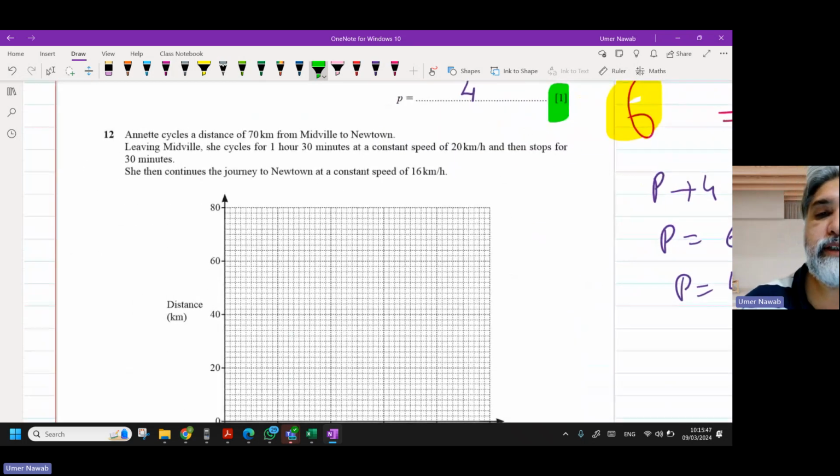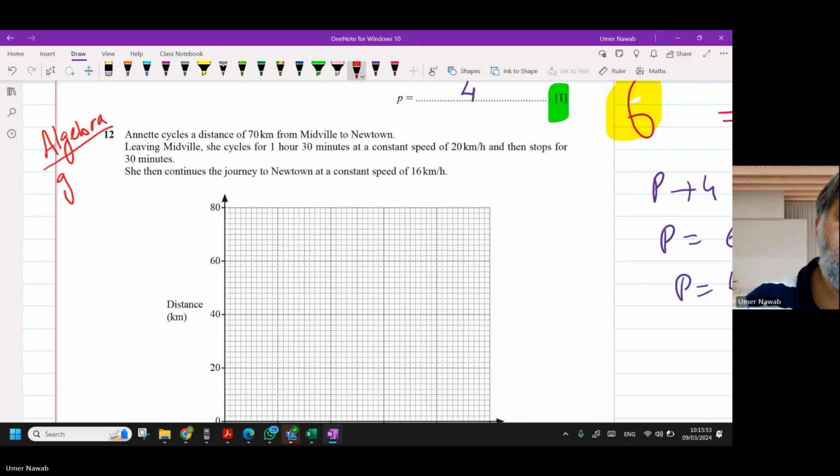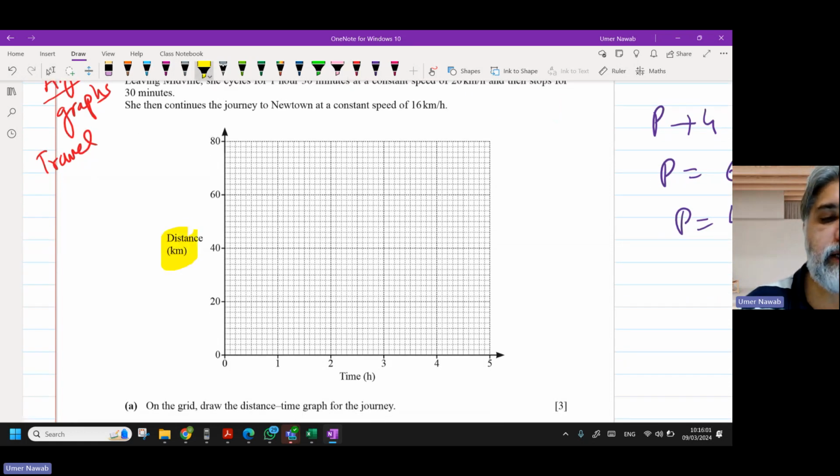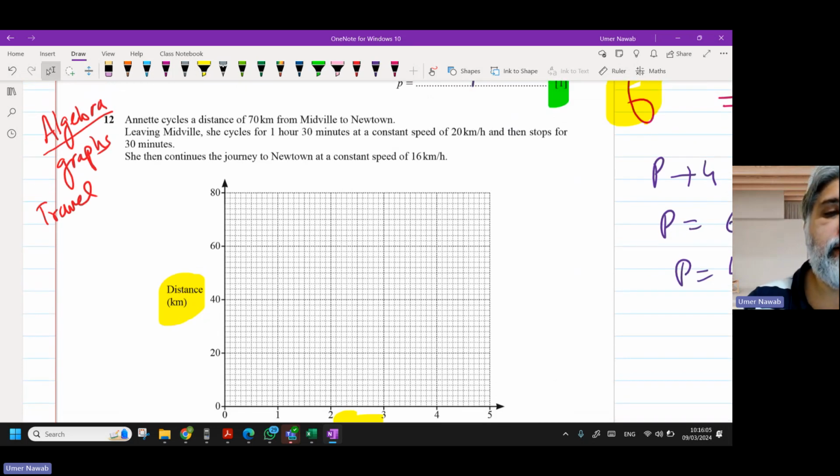Question number 12 is again in algebra, but graphs. Which type of graphs? Travel graphs. Whenever you see a distance-time or speed-time graph, it is a travel graph and it comes under the category of algebraic graphs.